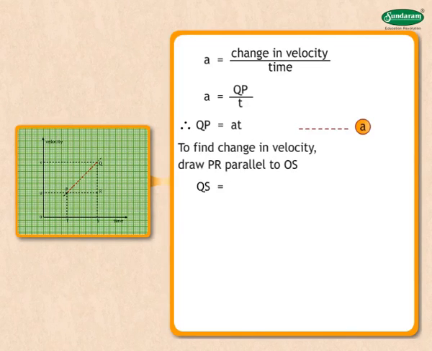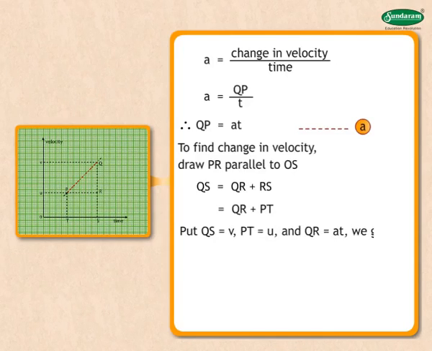Distance QS is equal to distance QR plus RS. Therefore, distance QS is equal to distance QR plus PT since RS is equal to PT. Substitute the values of QS with v, PT with u and QR with a multiplied by t.